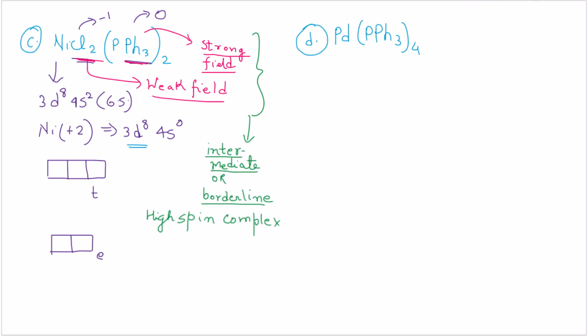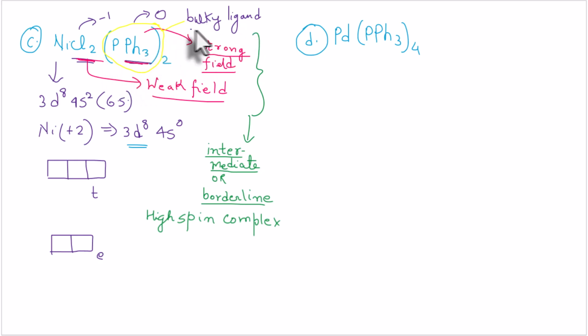Also, you can see that we have the option of a tetrahedral complex for both of these C and D complexes. Now, if C is tetrahedral, what should be the reason why this is tetrahedral and why it is a high spin complex? That also should be a question. If you look at the ligands here, we have 2 chloro ligands and 2 triphenyl phosphine ligands. Now this triphenyl phosphine ligand is a bulky ligand, because there are 3 phenyl rings.